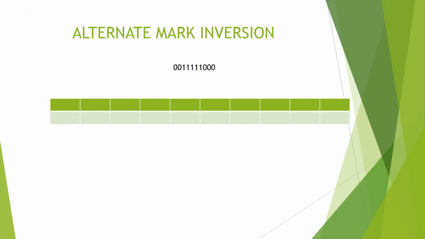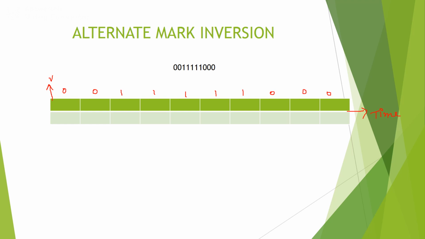So the given pattern we can represent using the AMI scheme as, so this is the voltage axis, y axis, and you can take the parameter as time. So we can represent the pattern 0 0 1 1 1 1 1 0 0 0.